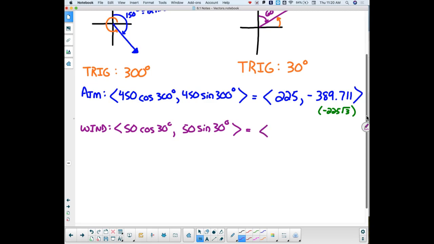So that's going to be 43.3013, comma 25, which is really 25 square roots of 3, because 30 degrees is on my unit circle.